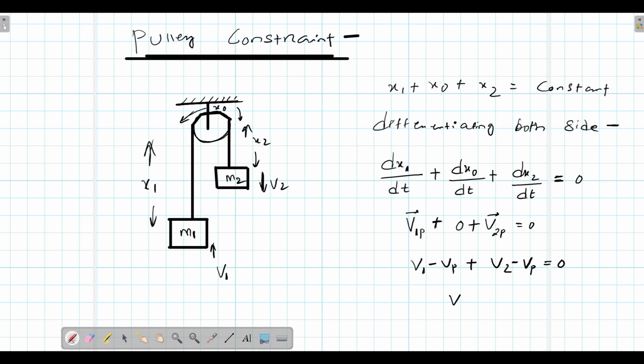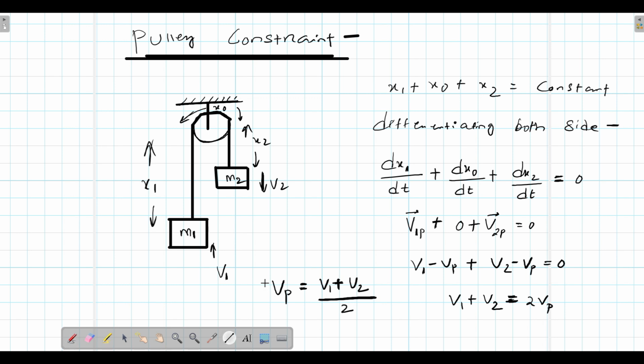So v1 plus v2 equals how much? v1 plus v2 equals twice the vp, or vp equals v1 plus v2 divided by 2.